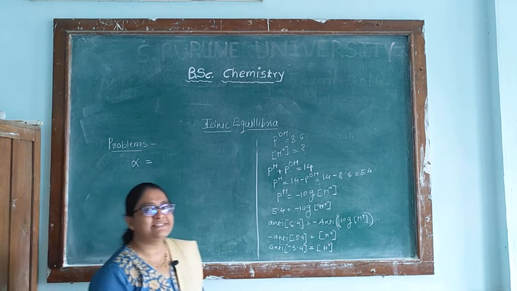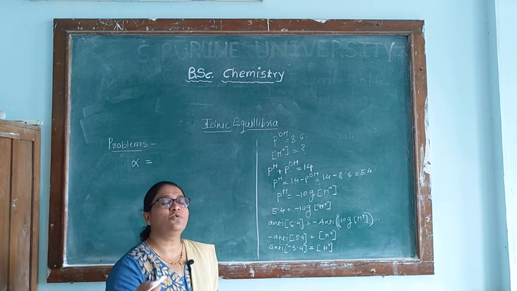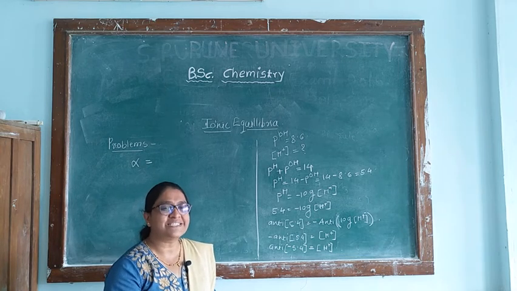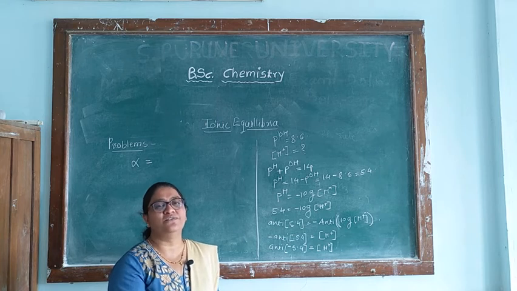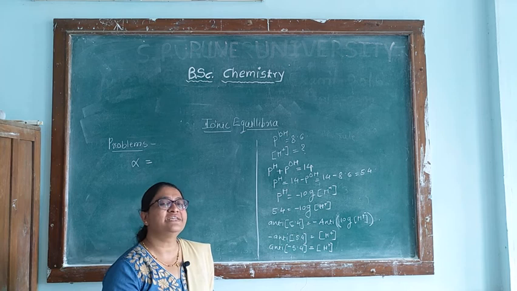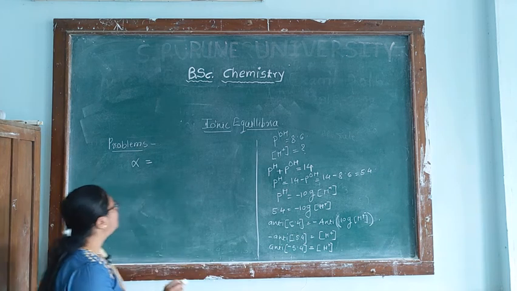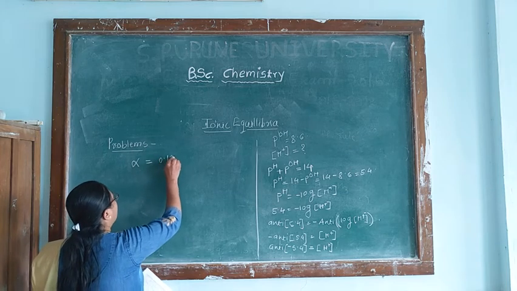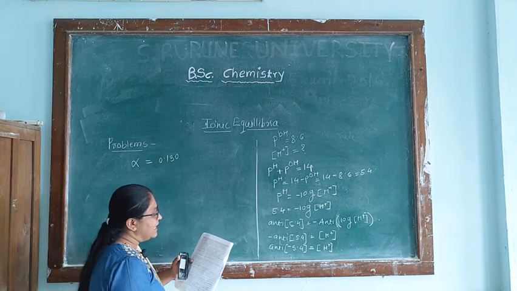Monobasic weak acid means the acid which can give only one H plus. Weak acid means an acid like acetic acid which cannot dissociate completely. Such a monobasic weak acid has a degree of dissociation of 0.130.